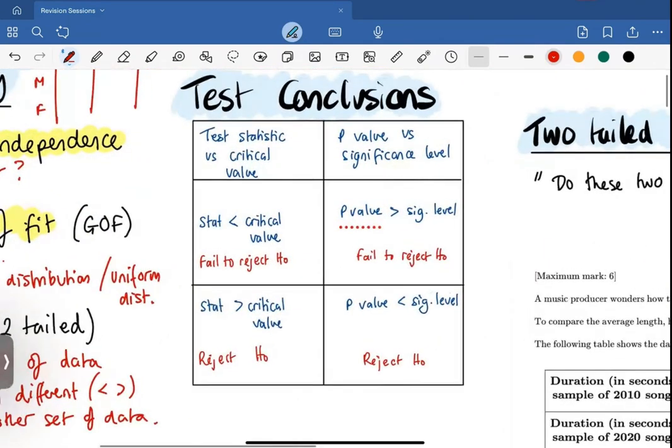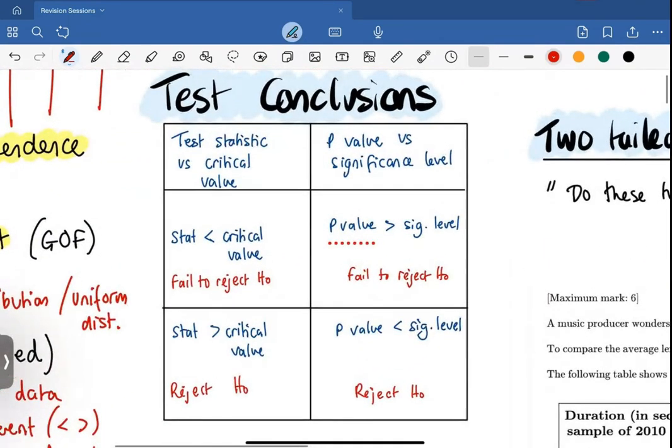And what we're going to do at the end, we either have the test statistic versus the critical value method, or we can compare the p-value, which is the thing that we calculate, versus the significance level. So if our test statistic, which is the thing that we calculate using our calculator, is less than the critical value, then we fail to reject H0.